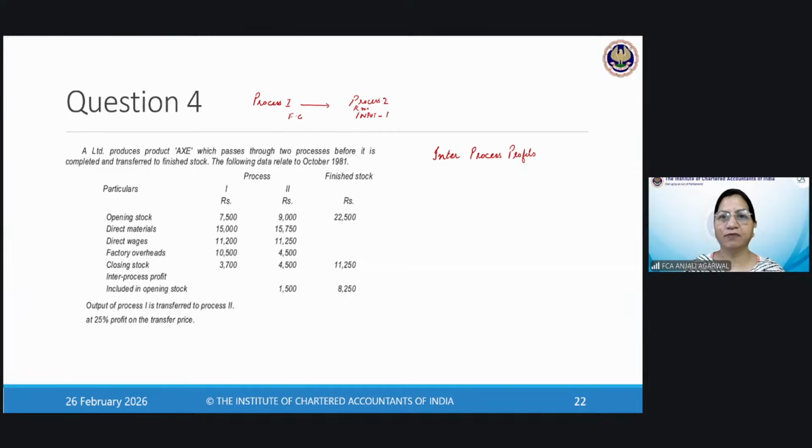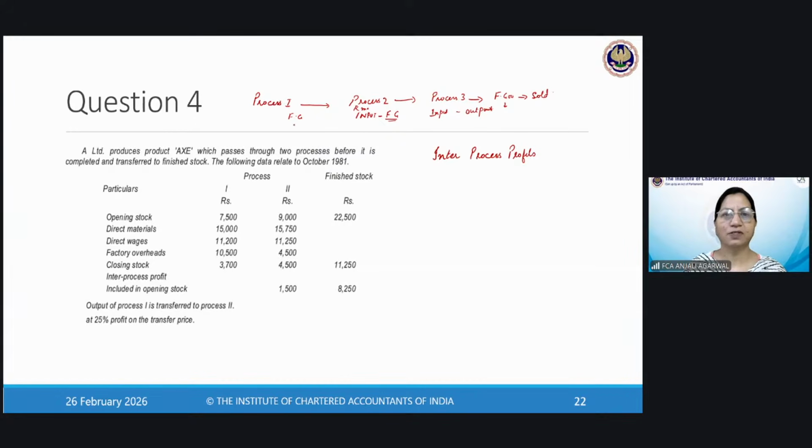Then whatever it converts into finished goods, the finished output of process two, moves to process three. It becomes input for process three. Let's say process three is the last process. From there, it moves to the finished goods stock account. So the output of finished goods goes to the finished goods account. This is the complete unit. This is sold in the market.